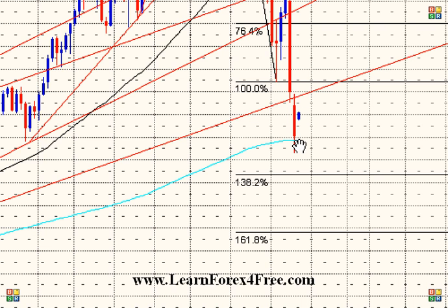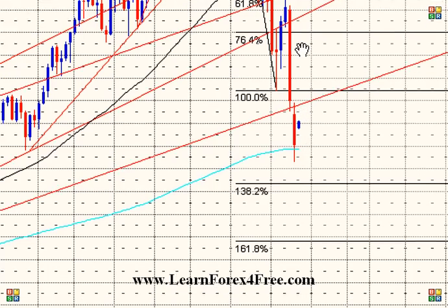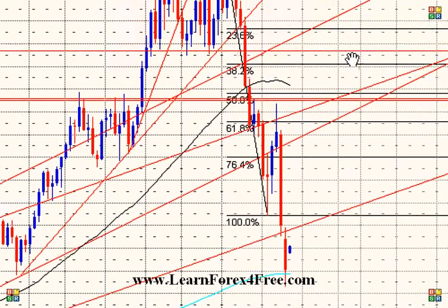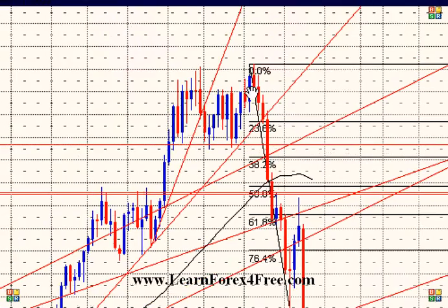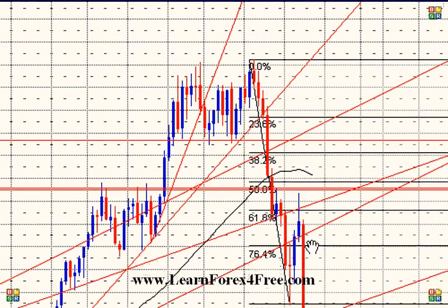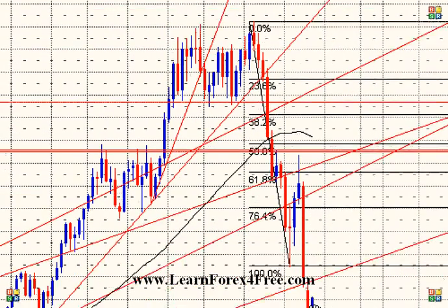If it actually crosses the 200 and closes below the 200-day moving average, that could be a significant bearish signal. But so far I do not know that that's going to happen because of this huge price gap. Further, you can see the steep drop that has occurred all the way from here to here.